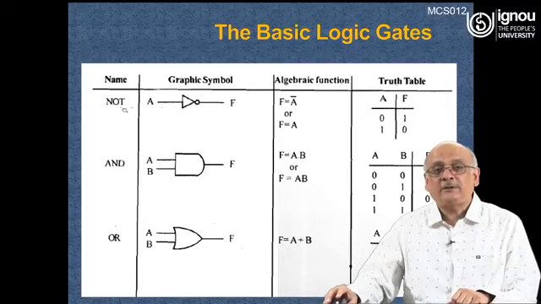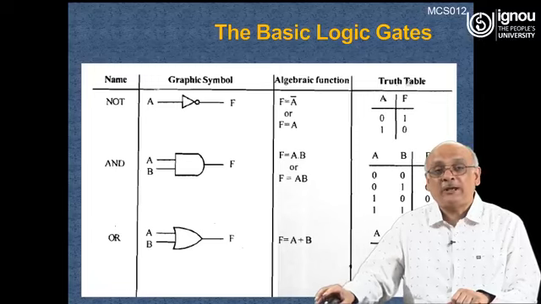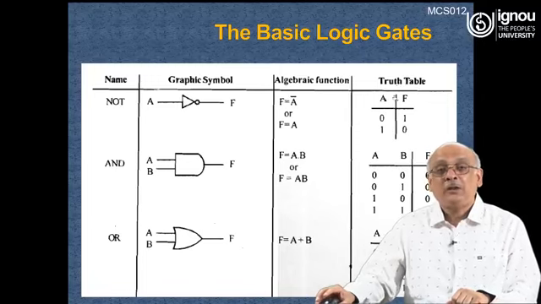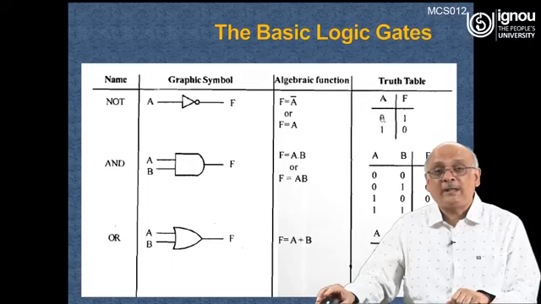Okay, so let's look at the NOT gate. What does it do? It simply inverts the value. The truth table is the most important tool to know what function is being performed. Suppose the value of A was 0. What will this gate do? It will simply invert this value to 1, that's all.